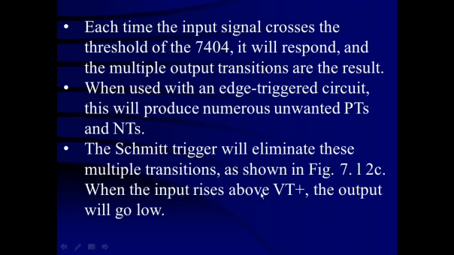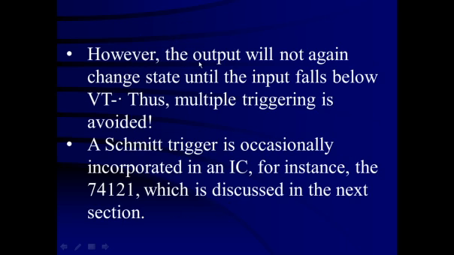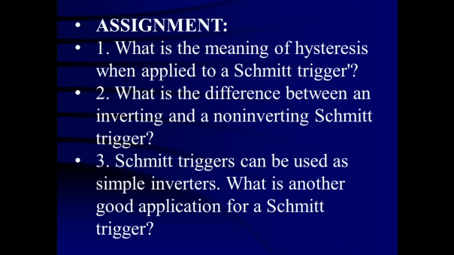When the input rises above VTH plus, the output will go low. However, the output will not change state again until the input falls below VTH minus. Thus, multiple triggering is avoided. So, that way the Schmitt trigger circuit is useful. A Schmitt trigger is occasionally incorporated in an IC, for instance the 74121, which is discussed in the next section.